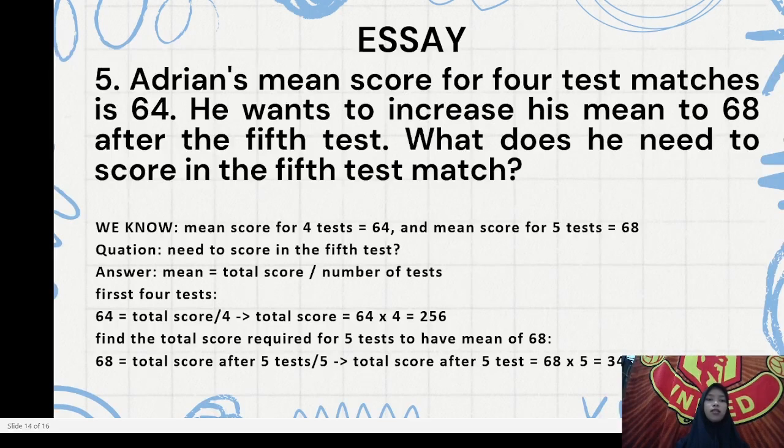Find the total score required for 5 tests to have a mean of 68. 68 is the total score after 5 tests divided by 5. The total score after 5 tests is 68 times 5, which is 340.